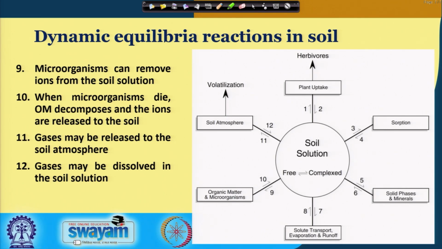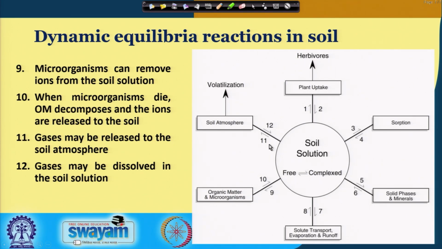So, it can be either immobilization. The 10th pathway shows the immobilization in the plant or into the organic matter and microorganisms' bodies, and when they die there will be mineralization, so that these minerals further go to the soil solution.